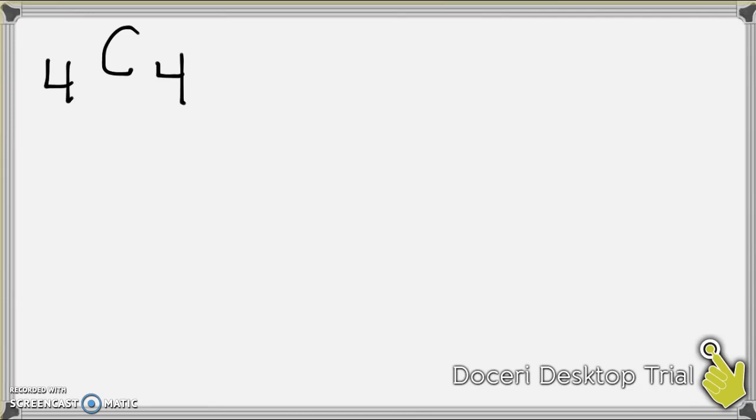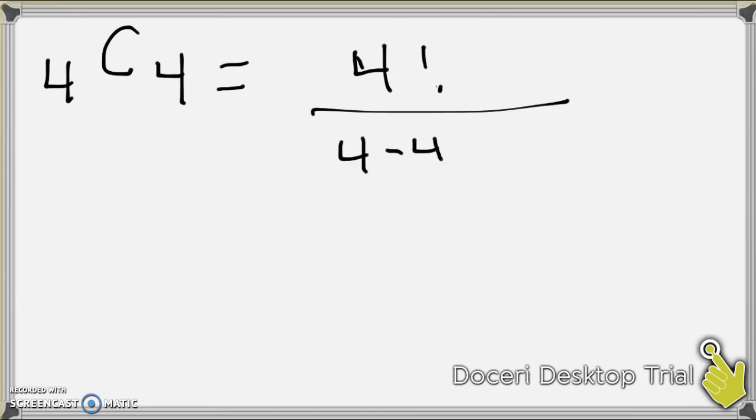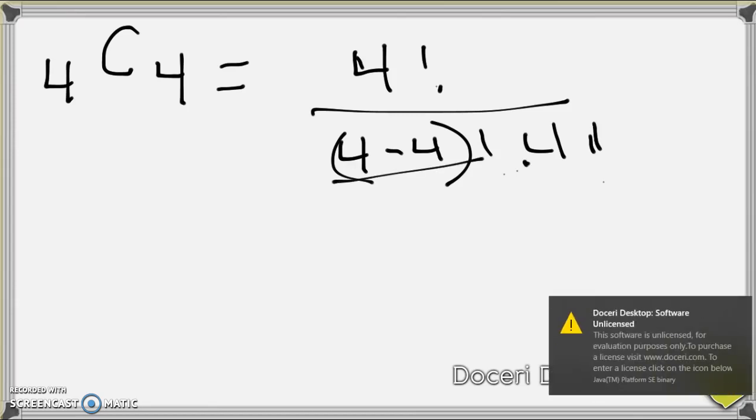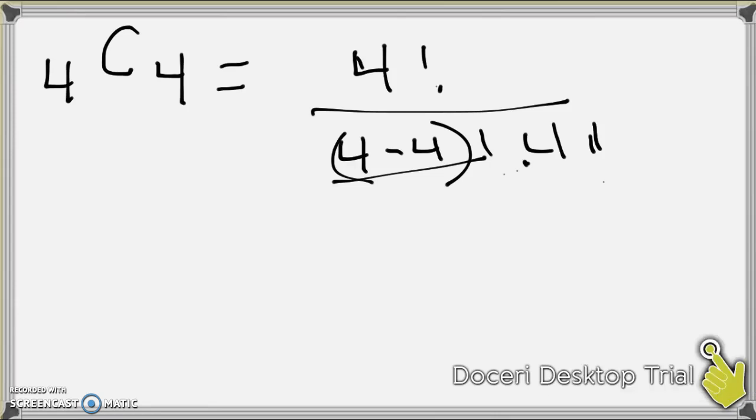So this one's going to be fairly easy because you get 4 on the top. N and X are the same thing, so you do 4 minus 4 and then 4. So basically what happens here is 4 minus 4 is 0 factorial, which is 1. Anytime you get 0 factorial, it means 1.